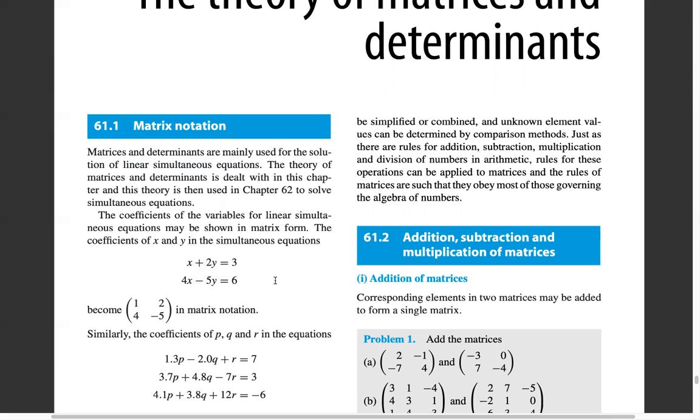So it's a simultaneous equation because it's more than one equation, because it's more than one unknown, and it's linear. What is this linear thing really? Well, the powers of the unknowns are 1. You see you have x to the power 1, y to the power 1, x to the power 1, y to the power 1, right? All the powers of the unknowns are 1. That's why we call it linear.